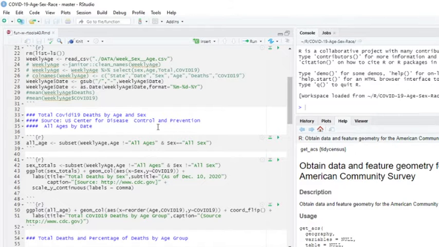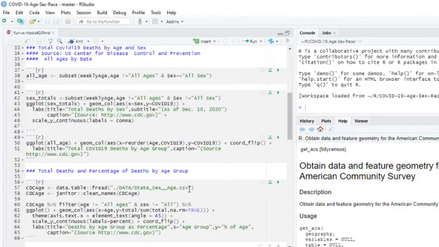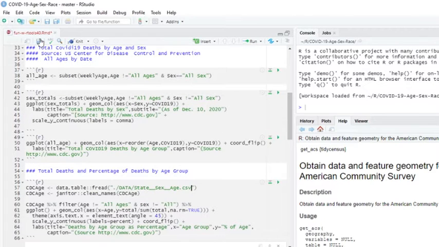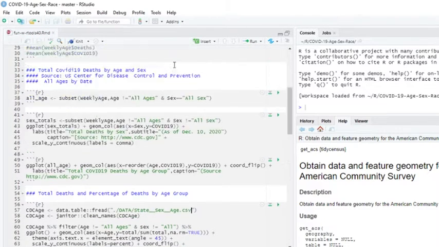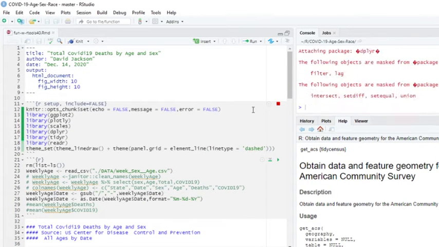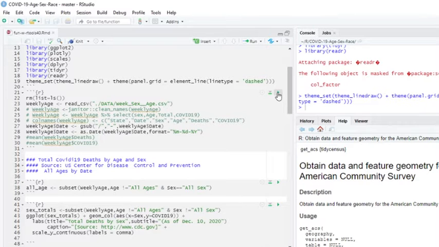Hopefully I didn't... this must be state. Yeah, that's right. Okay. So let's just go ahead and run this from the top. Let's walk through this one a little bit at a time.